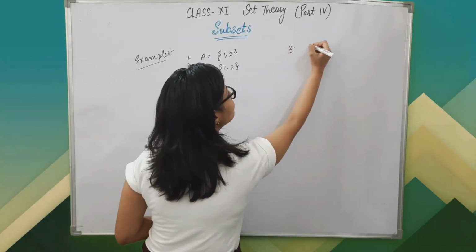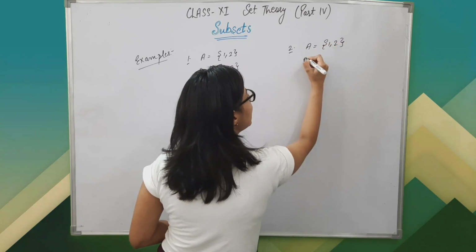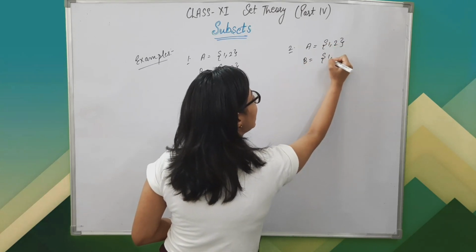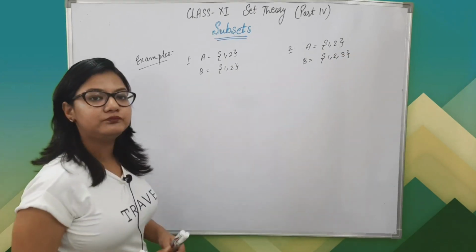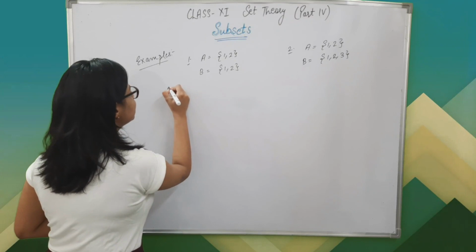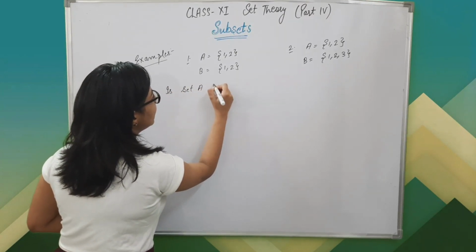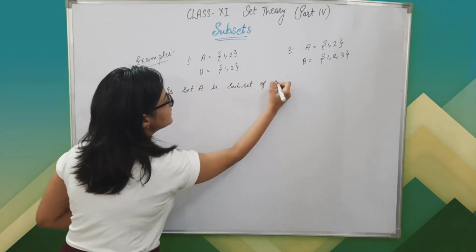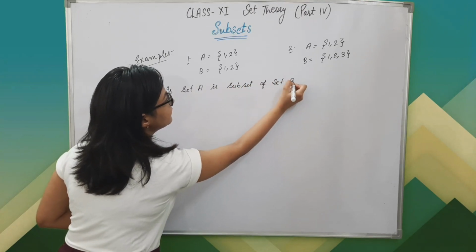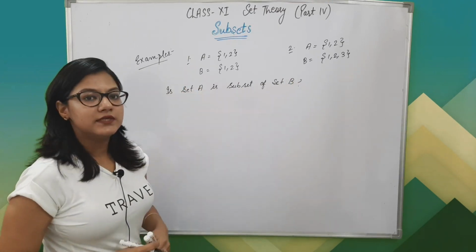And in the second example, I am going to take set A as {1, 2} and set B as {1, 2, 3}. Clear? So my question is, is set A a subset of set B? This is my first question. Is set A a subset of set B?